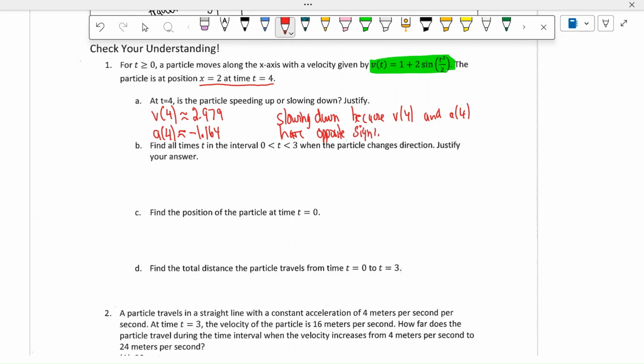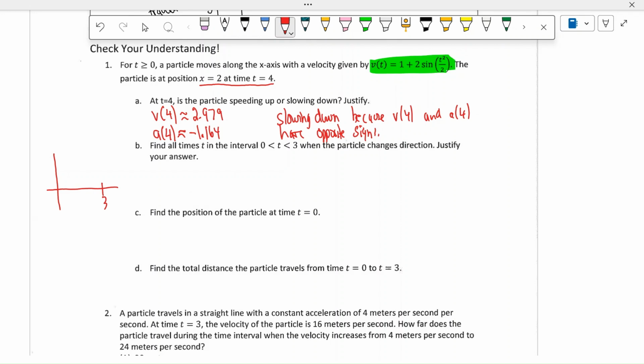That's it. Question B, find all times in the interval where the particle changes direction, justify your answer. So for this one, I'm going to look on my graphing calculator from t equals 0 to t equals 3 and look at the velocity equation, look at the y equals.